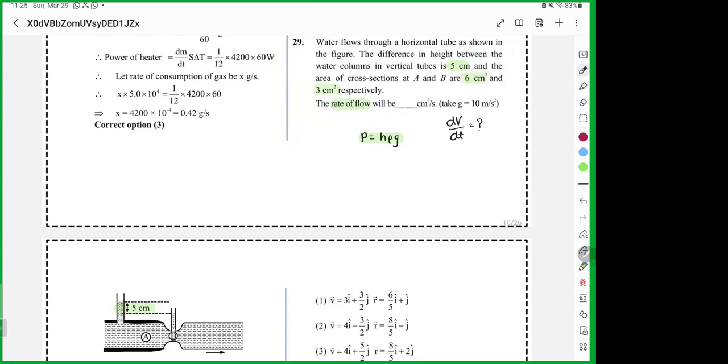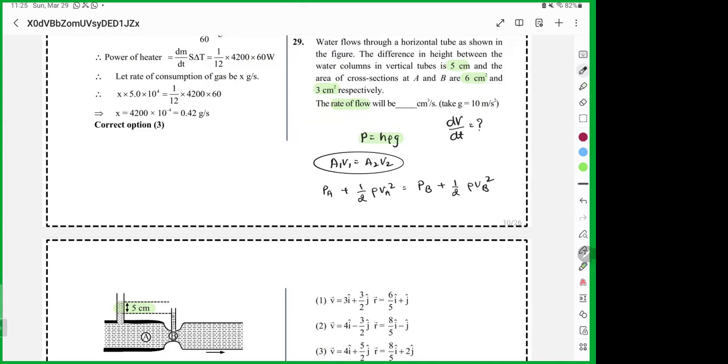Here you need to know about equation of continuity. A1 V1 is equal to A2 V2, where V1 and V2 are velocity, not volume. And second, in this case, what will be your Bernoulli's theorem? Pressure of A plus half rho VA square is equal to pressure of B plus half rho VB square, where VB is velocity.